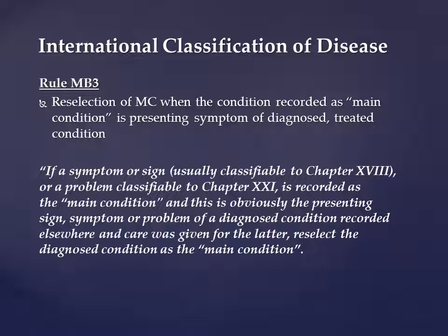If a symptom or sign or a problem classified to Chapter 21 is recorded as a main condition, and this is obviously presenting signs, symptoms, or problem of a diagnosed condition recorded elsewhere, and care was given for the latter, reselect the diagnosed condition as the main condition.